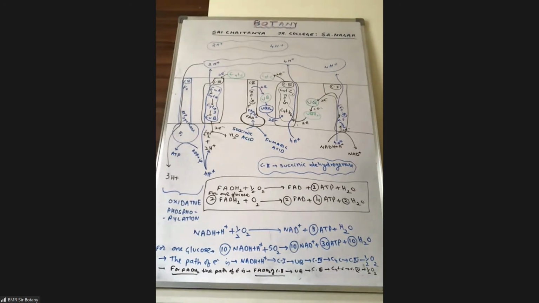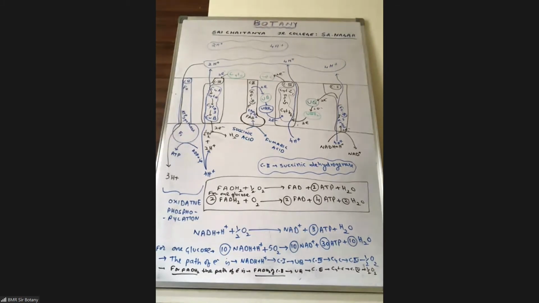If you look at it all at a time, it looks so confusing. But you go with an order, that's important. For one glucose by ETS, how many ATP is the total you are getting? 34, am I right?